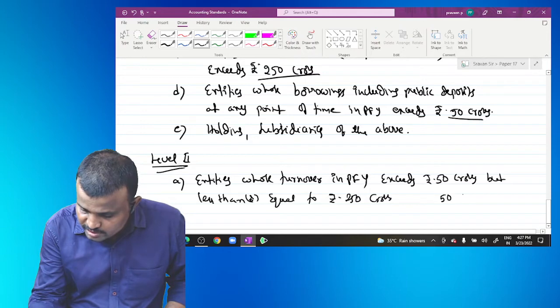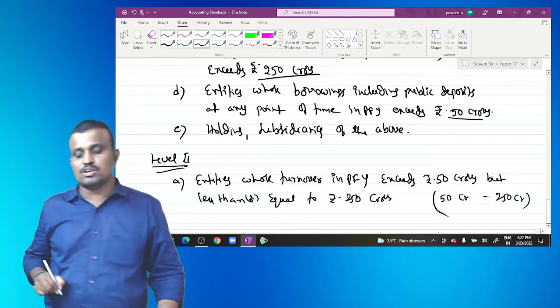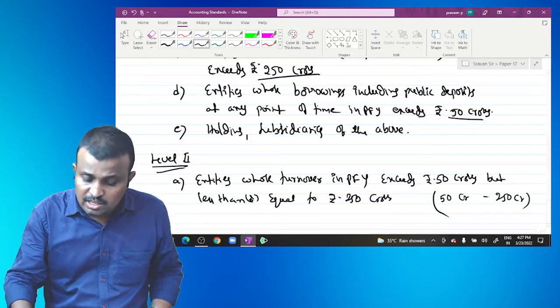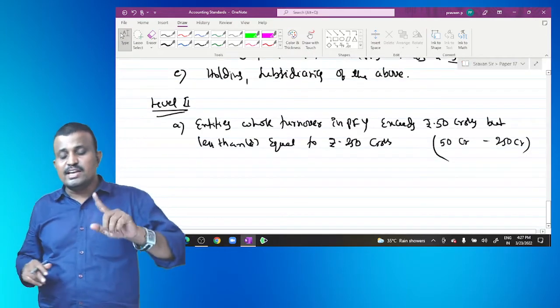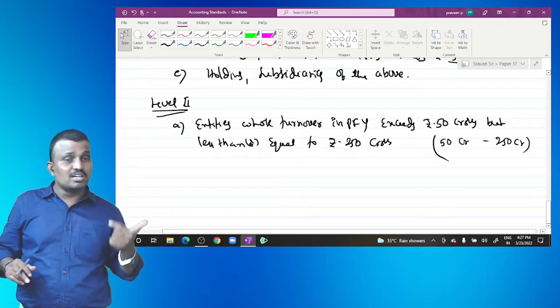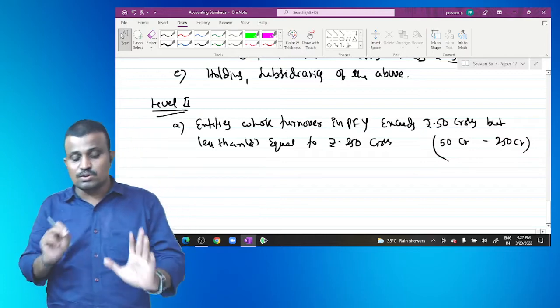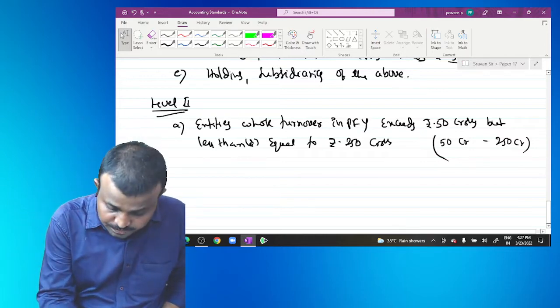So 50 crore to 250 crore. The entities whose turnover in the preceding financial year exceeds 50 crore but does not exceed 250 crore are covered under Level 2.